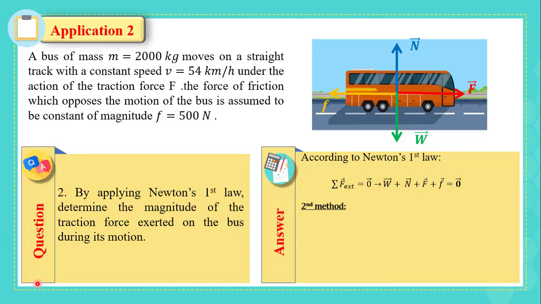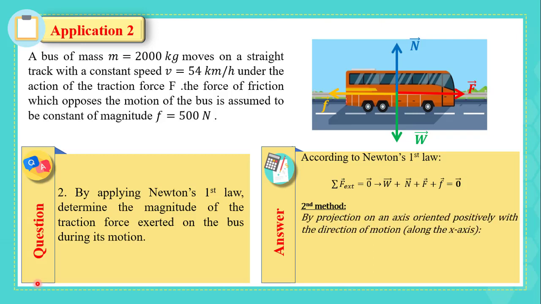Now in the second method, we project on an axis oriented positively with the direction of motion, in our case along the x-axis, and here is the axis oriented with the direction of motion. Now we project these forces along this axis. Actually, N and W have no components along this axis, so we only have a component for the traction force and for the friction force.